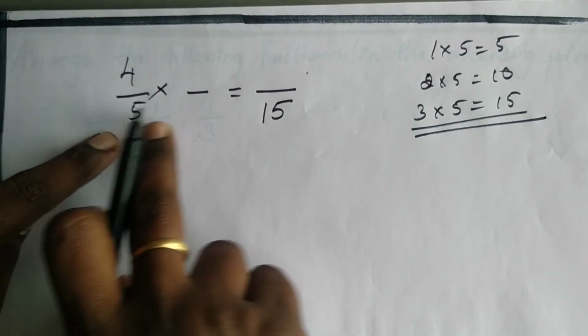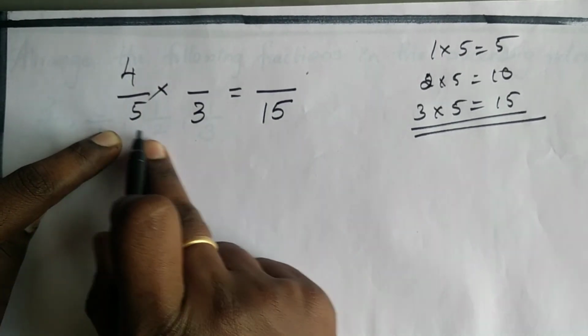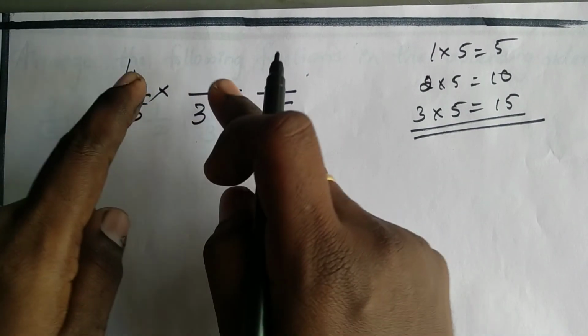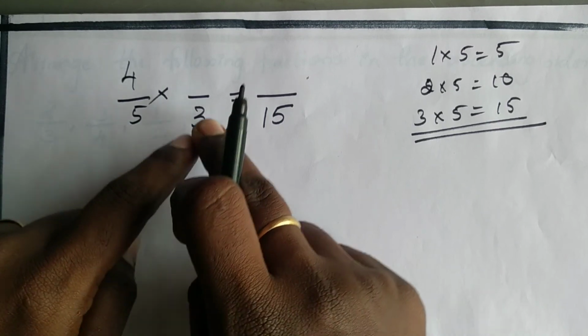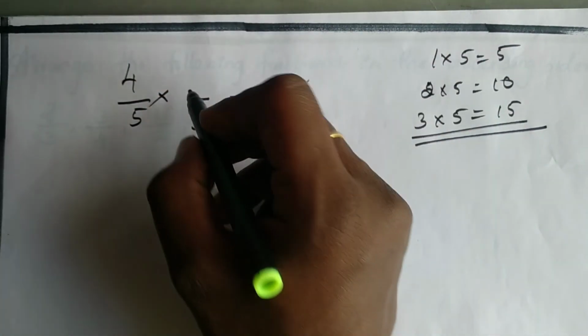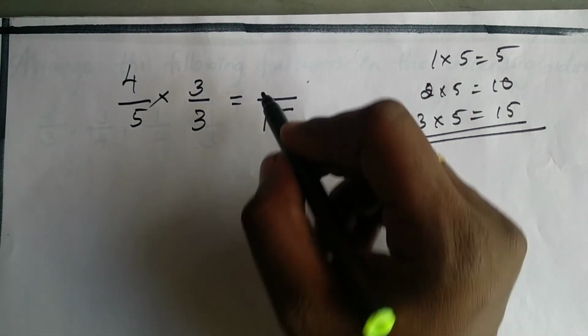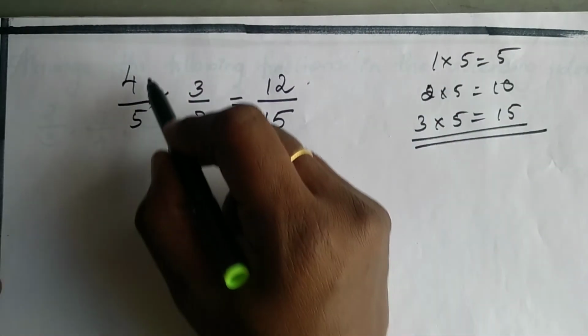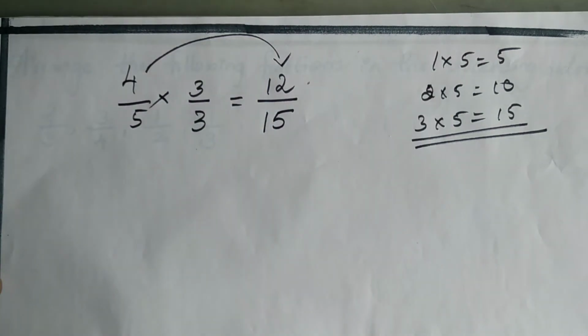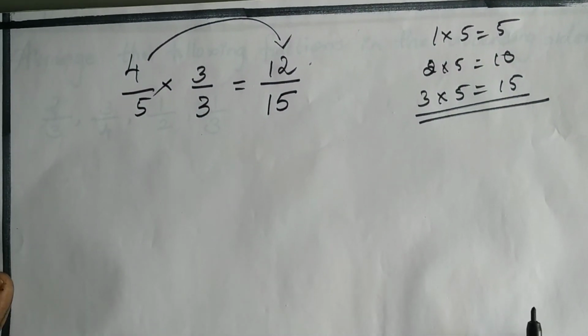So 5 into 3 gives 15. Obviously, if denominator we are using 3, numerator also 3 only. No other way. So 4 into 3, what's the answer? 12. So we are converting 4 by 5 to 12 by 15.